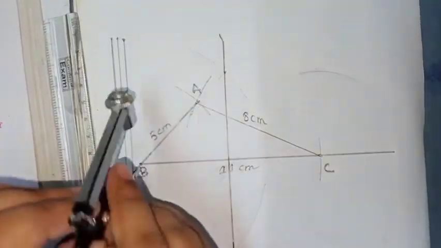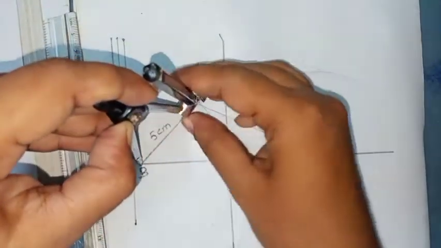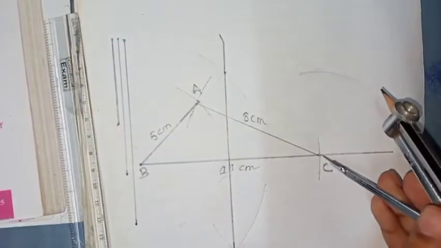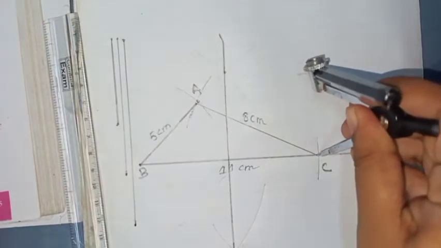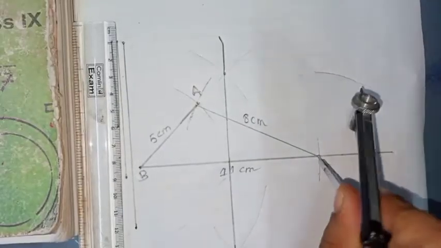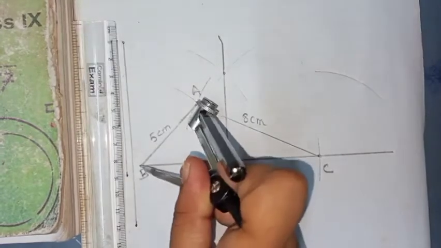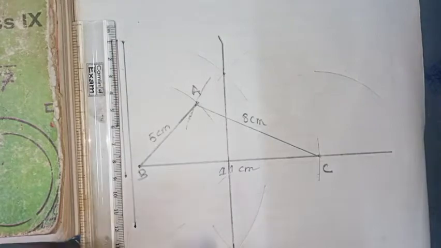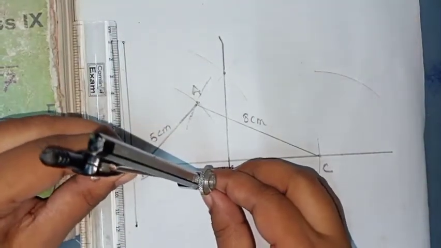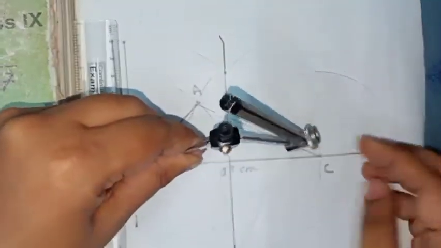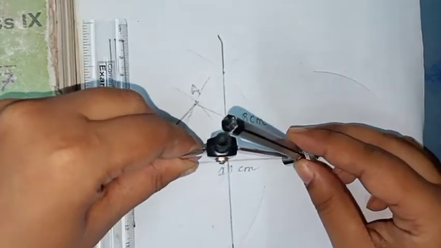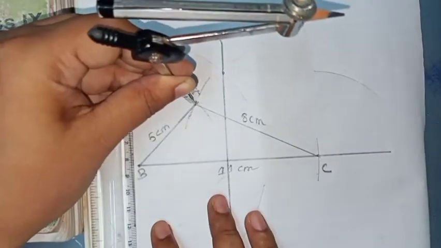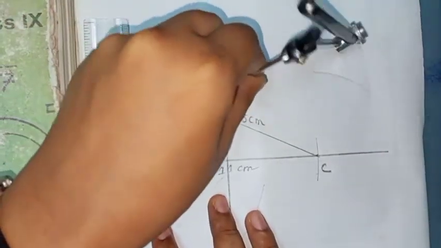Again I am taking the AB measurement, 5 centimeter, keep it on point C and cut. After that take the BC measurement, which is 11, keep it on point A and cut this one.